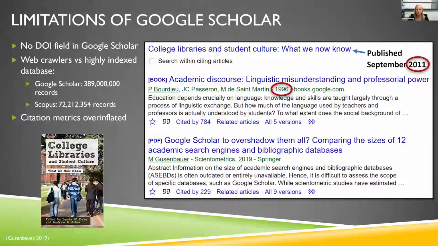I was looking to see what articles had cited this book, which was published in 2011. And Google Scholar is telling me that an article published in 1996 cited it, which is impossible. So sometimes there are just inaccurate things in Google Scholar. And also, as I mentioned before, the cited by number will be overinflated due to multiple versions of the same work.